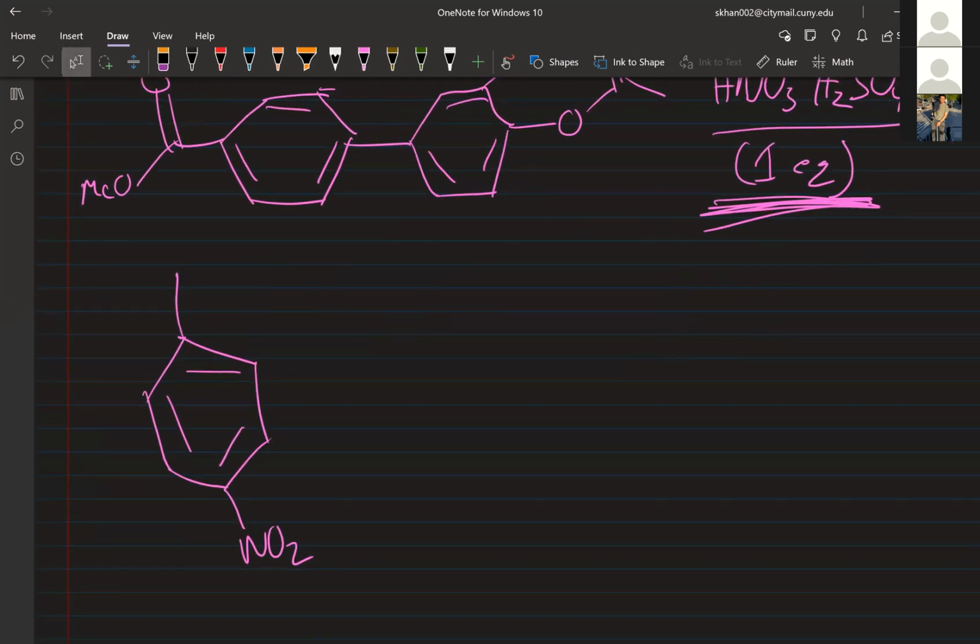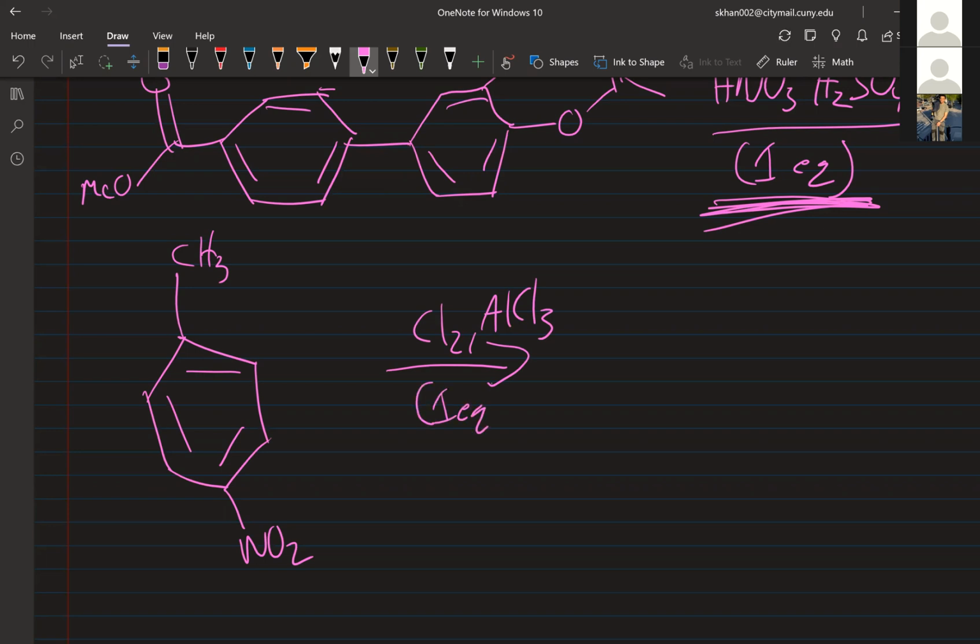Okay, so the last one was CH3, NO2, and then Cl2, AlCl3, one equivalence. If I label these A, B, C, and D, this is a chlorination reaction. Where do you expect the product to be? A or B, they're both identical.